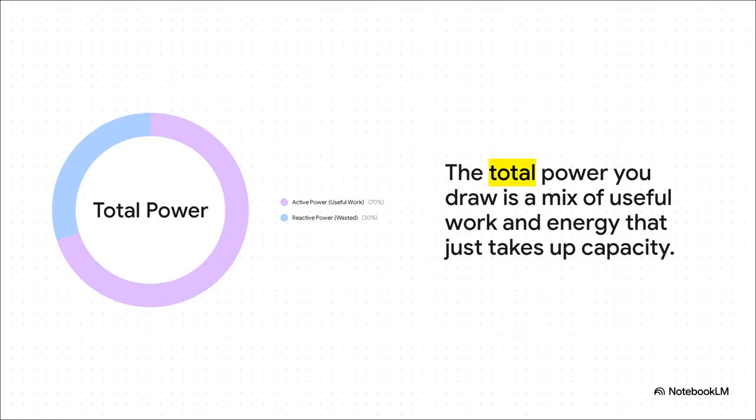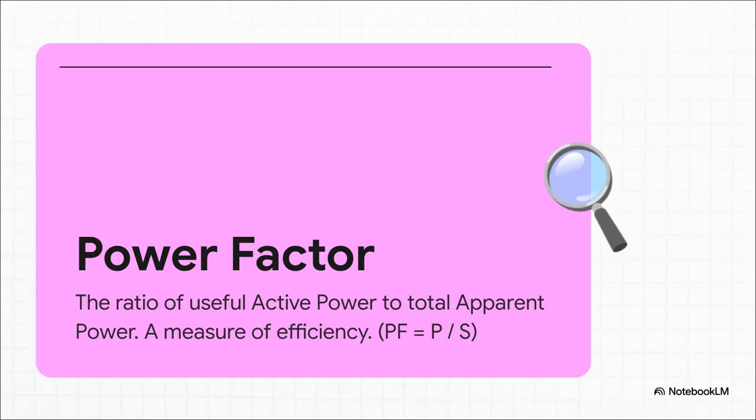So, the big takeaway here is that in any real-world AC circuit, the total power you're pulling from the wall is a mix of these two things. You've got the useful chip power, the active power, and then you've got this air power, the reactive power, which is just bouncing back and forth, taking up space on the wires without doing any heavy lifting. So, how do we measure how much chip versus air we have?